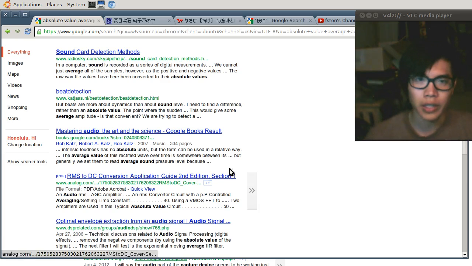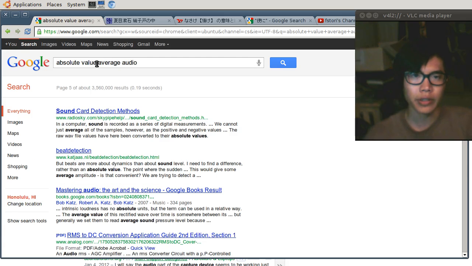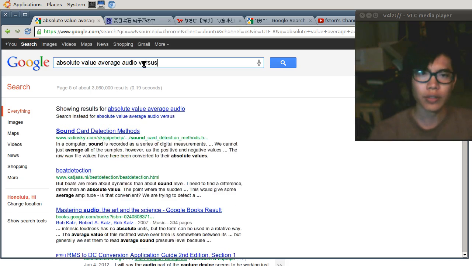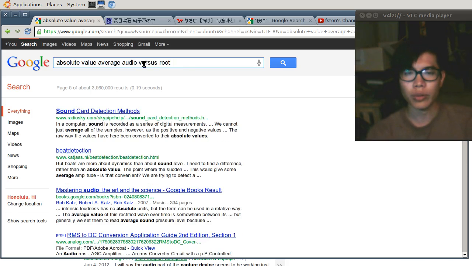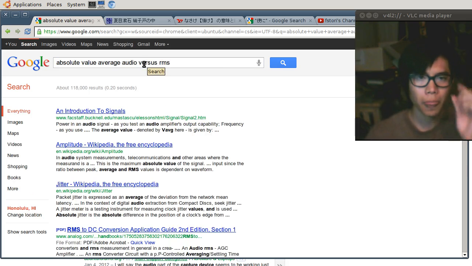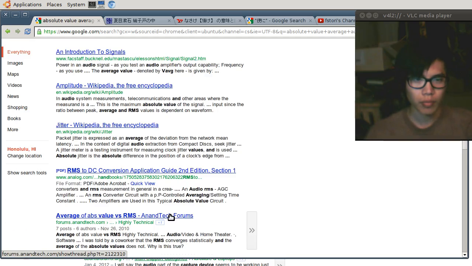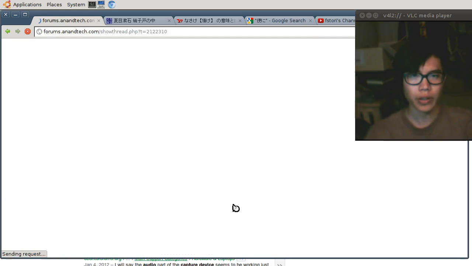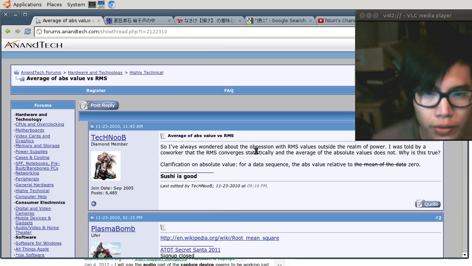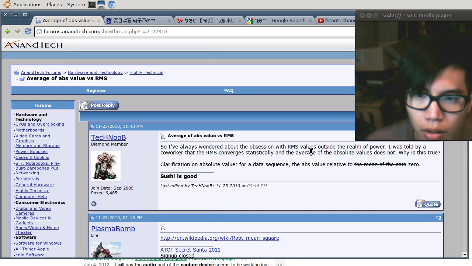Let me type root mean squared versus root mean RMS. Here you go. So I've always wondered about the obsession with RMS in the realm of power.